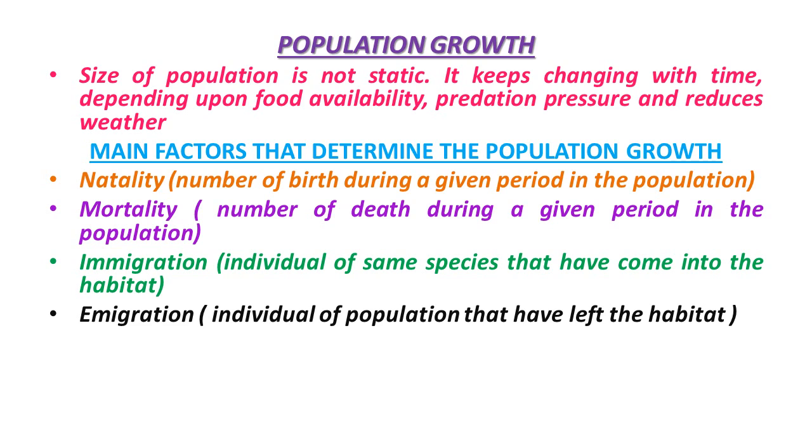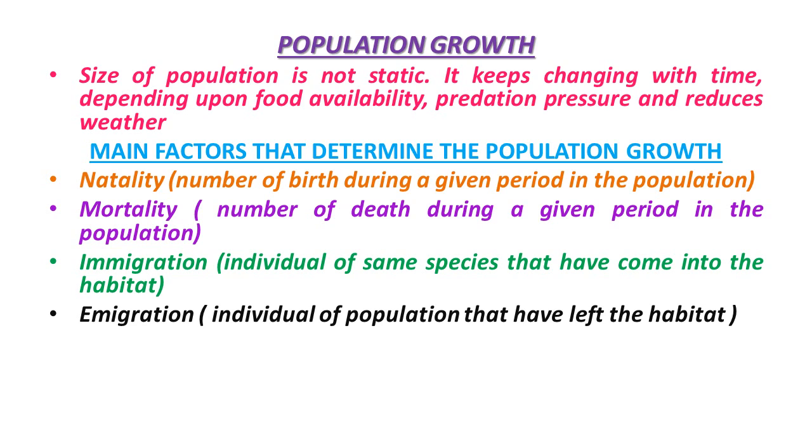Now which are these four basic processes? They are natality and immigration. These processes contribute to an increase in population. The other two processes are mortality and emigration. It means that the population density can be decreased due to these two.